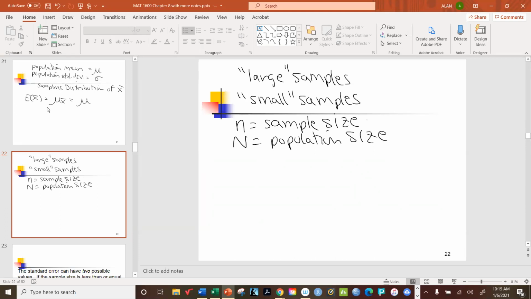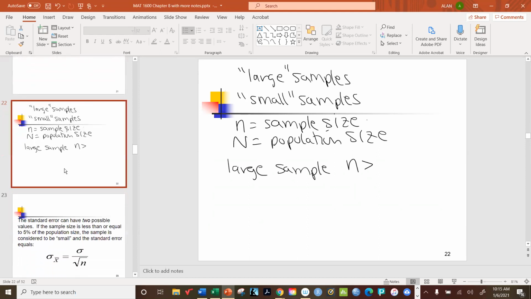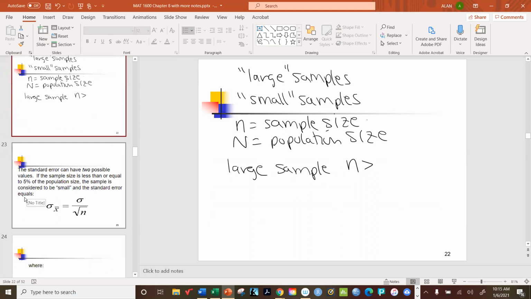So we're going to define large. A large sample indicates that the size of the sample is more than 5% of the entire population.